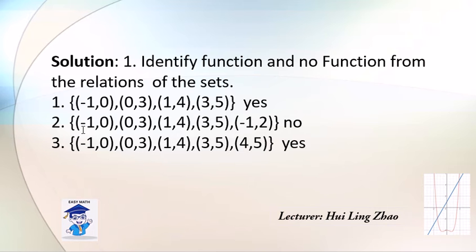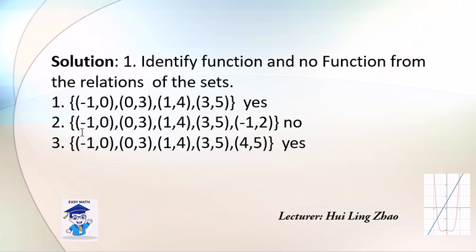Number 2, there are 5 pairs of data: (-1, 0), (0, 3), (1, 4), (3, 5), (-1, 2). We check the x values: -1, 0, 1, 3, -1. We can find -1 occurring twice, right? But they have different y values.